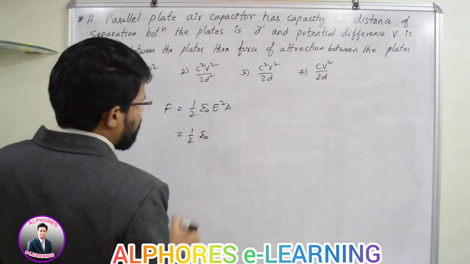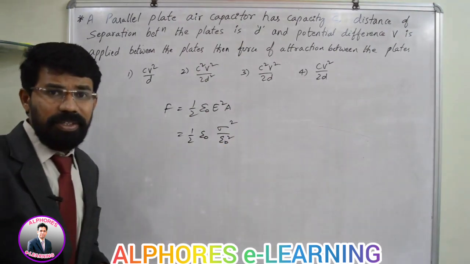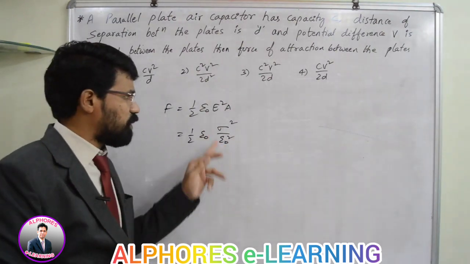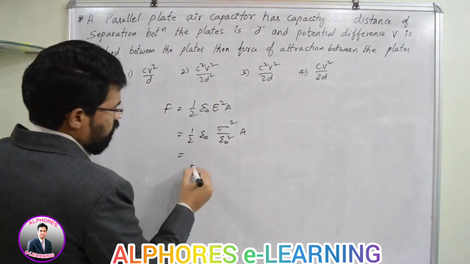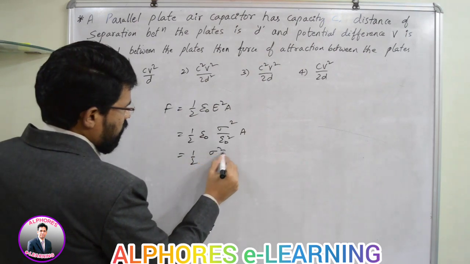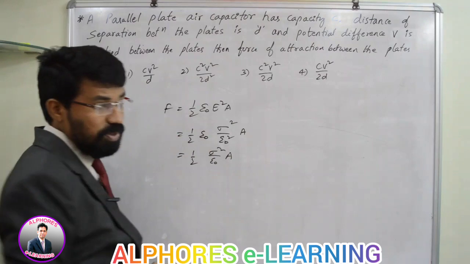Half epsilon naught. This E can be written as sigma by epsilon naught, isn't it? The electric field intensity between the plates can be expressed as sigma by epsilon naught. E square is sigma square by epsilon naught square, into A. Here one epsilon naught gets cancelled and you are left with sigma square A by epsilon naught. Now this sigma can be replaced with what?